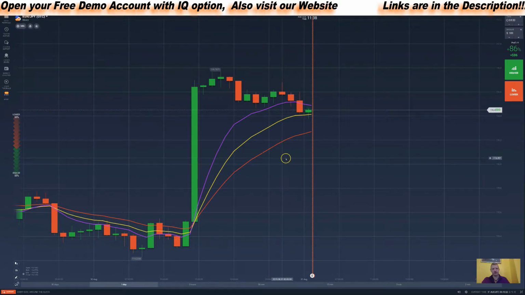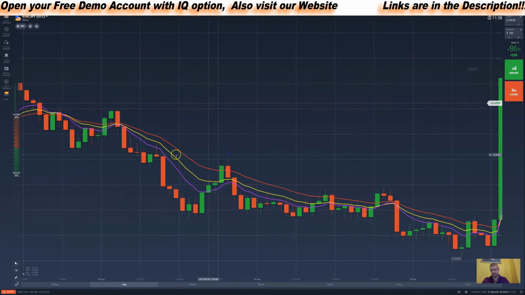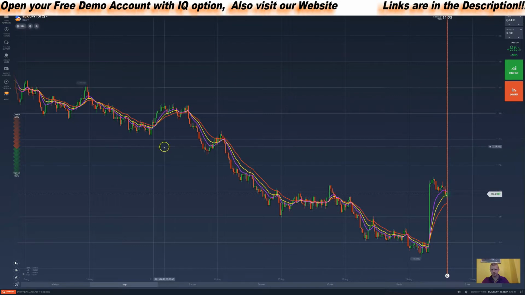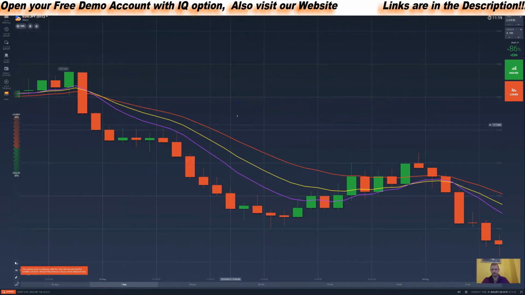So let's move back in time and see if I can find a good example. What is a perfect market condition for this strategy? What we want is a nice spread of the 3 lines over here.